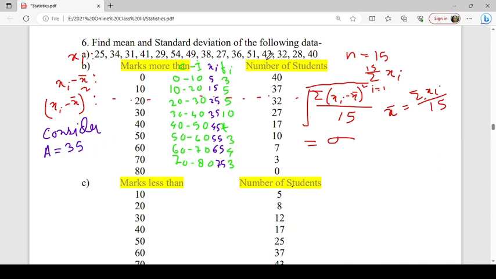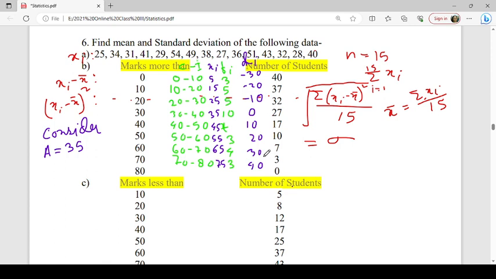Now we write di as xi minus a. So 5 minus 35 is minus 30, 15 minus 35 is minus 20, 25 minus 35 is minus 10. Then 0, 10, 20, 30, 40.